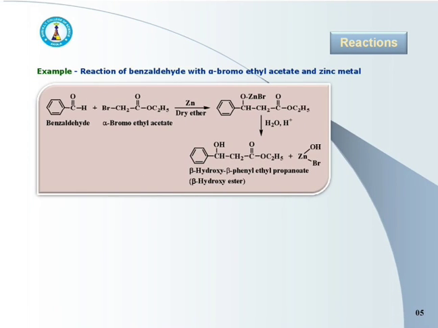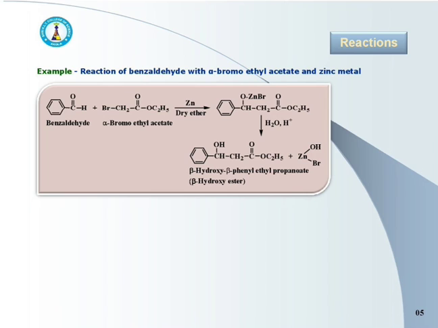The next example is the reaction of benzaldehyde with alpha bromo ethyl acetate and zinc metal. Just like the previous reaction, a similar reaction takes place here also. Initially, benzaldehyde is converted to an organozinc compound by its reaction with alpha bromo ethyl acetate and zinc metal.